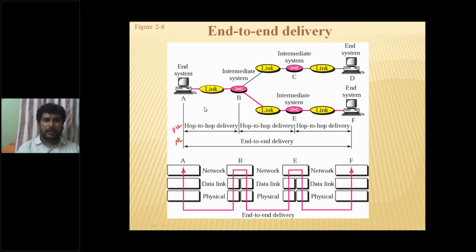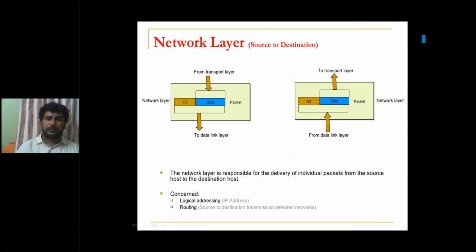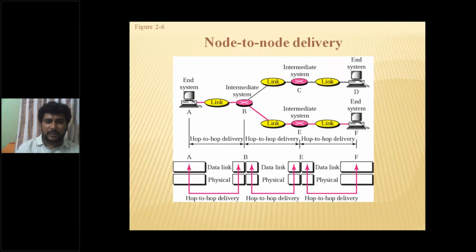Next, another function performed by the network layer is the logical address, which ensures end-to-end delivery. What basically happens is, suppose A is the source and F is the destination, but in node-to-node delivery, A cannot directly reach F. So initially, A will be the source and B the destination.